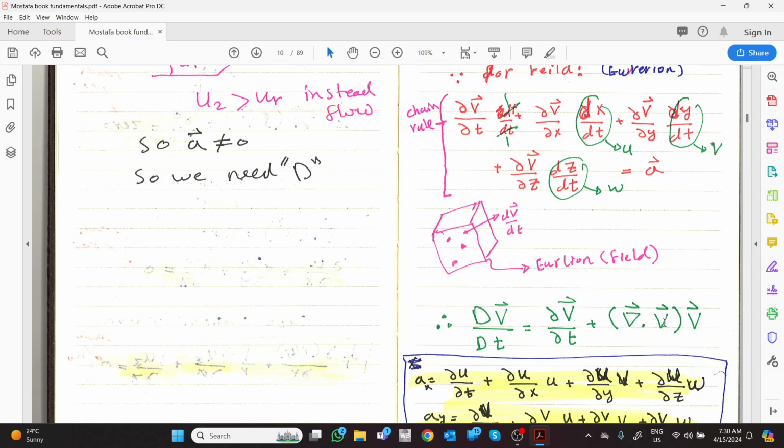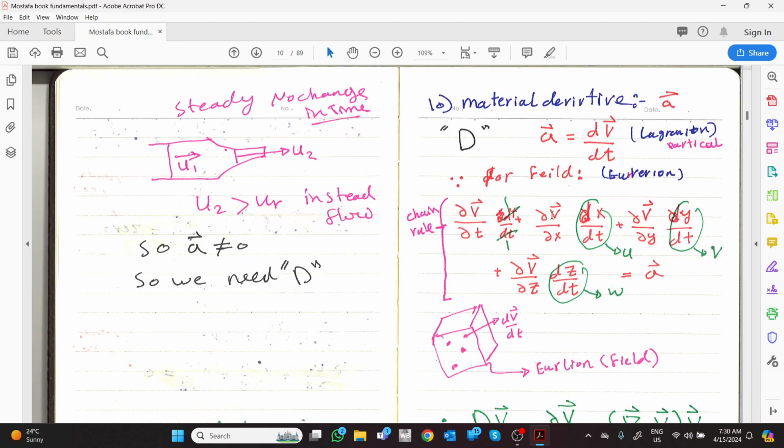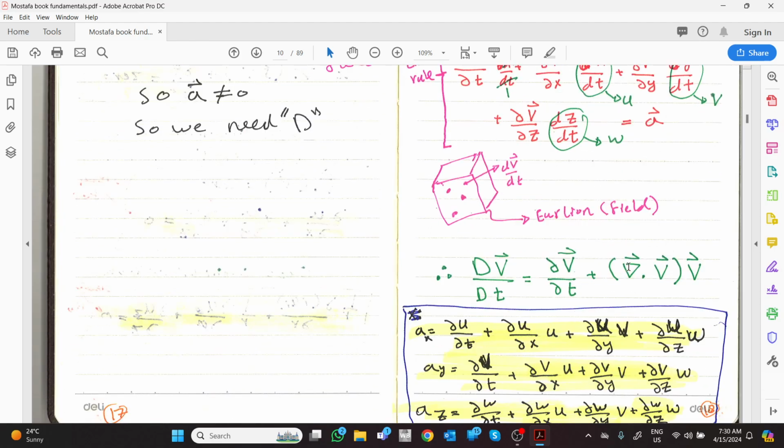like this. How we write it like this is dv by dx, which means in the x direction because it is a vector, so it is del u by del x, del v by del y, del w by del z. It is a gradient. So it is the gradient of the velocity.